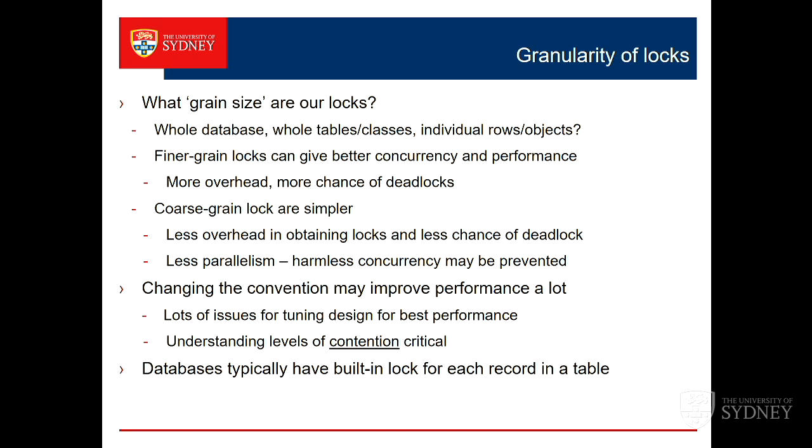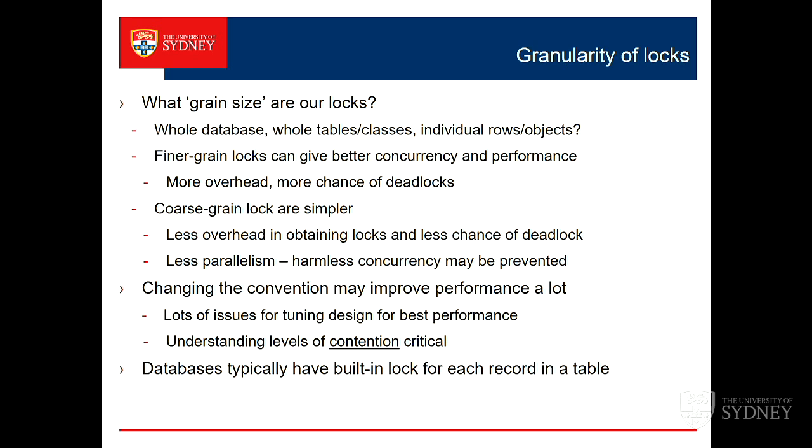If you've got a physical structure of blocks inside those tables, you might lock a whole block, so you make them get a bit finer grained. But people typically will go and do locks on individual rows or objects in one of these structures. So account number 123 is what the lock is on, not all accounts.